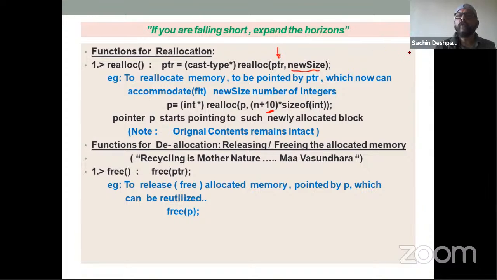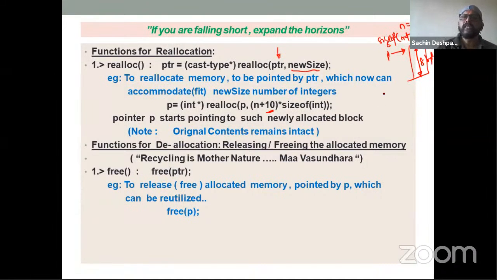So originally you have allocated memory for n, if n is equal to 4, and if we assume sizeof int is 2 bytes, it means a total of 8 bytes chunk is assigned to pointer P, and then you realize, no, I need to accommodate 10 more elements.